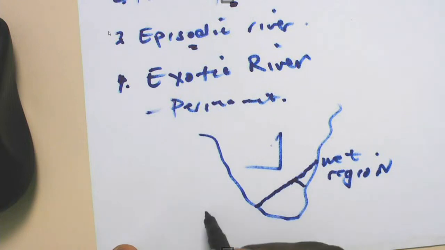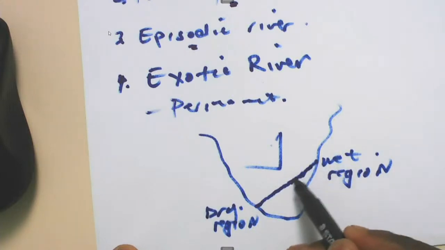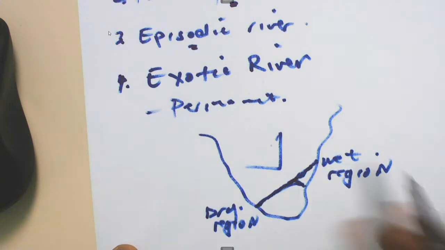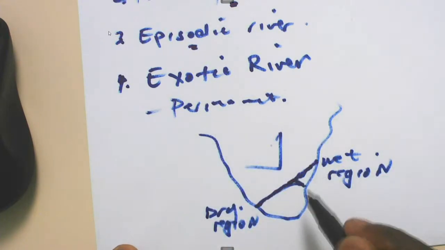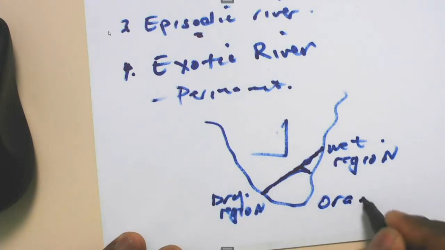Remember on the western side, that's where we get deserts. So we call it exotic river. One of the examples of the exotic river in South Africa is the Orange River.